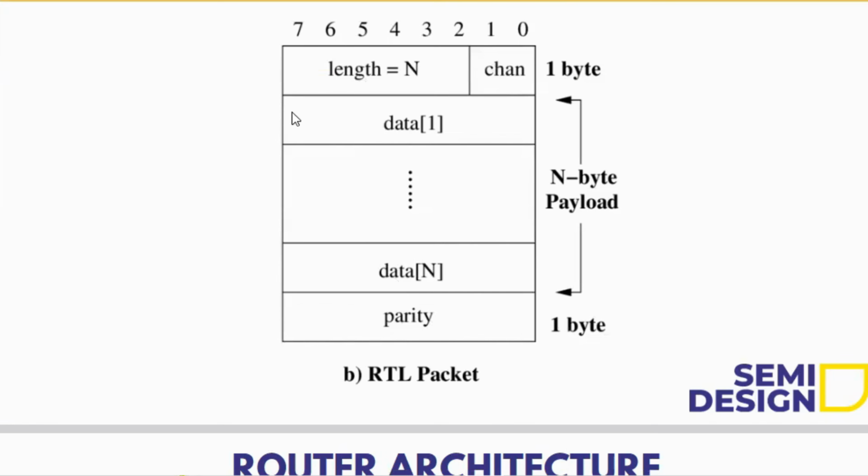Parallelly, whenever the payload is fed into this packet, there will be an internal parity being calculated. How that will happen is, you will have an internal parity register. First, it will do an XOR between this address byte and the first data byte. That value will be stored in that internal register.